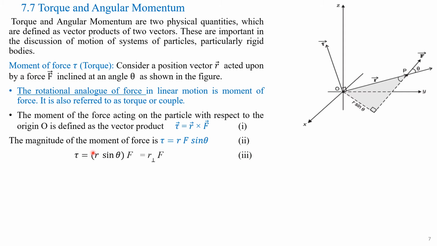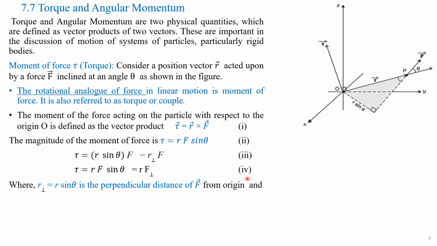So r sin theta is replaced by the letter r perpendicular. Similarly, we can arrange equation 2 as tau is equal to r into F sin theta, that is r into F perpendicular. Let it be equation 4.